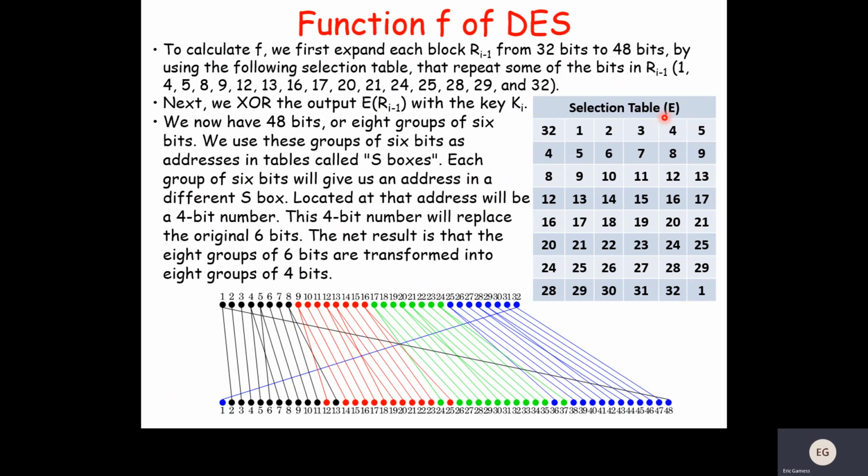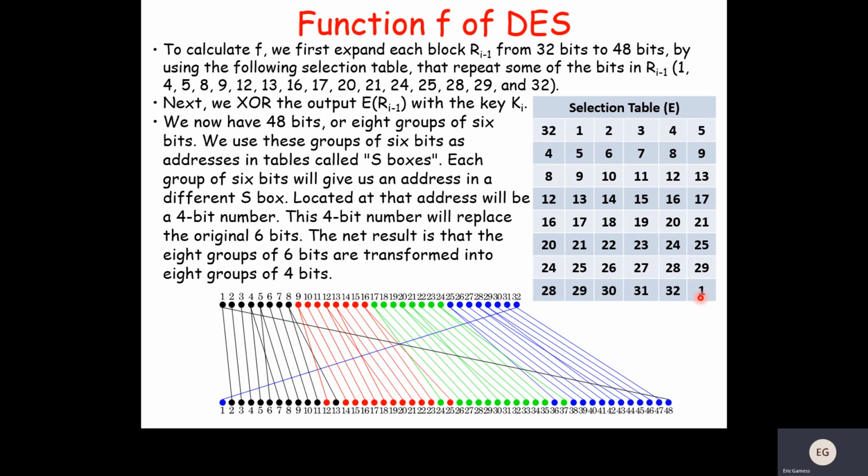For example, bit 1 is repeated. So we'll have bit 1, which is the input, 2 times in the output: it will be copied at bit 2, and it will also be copied at bit 48.